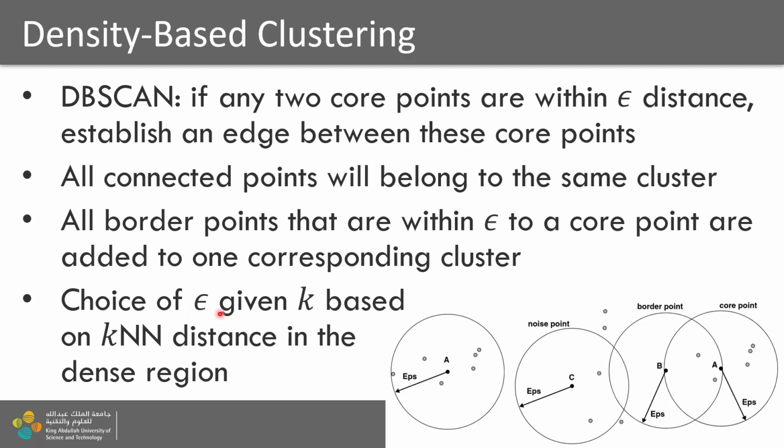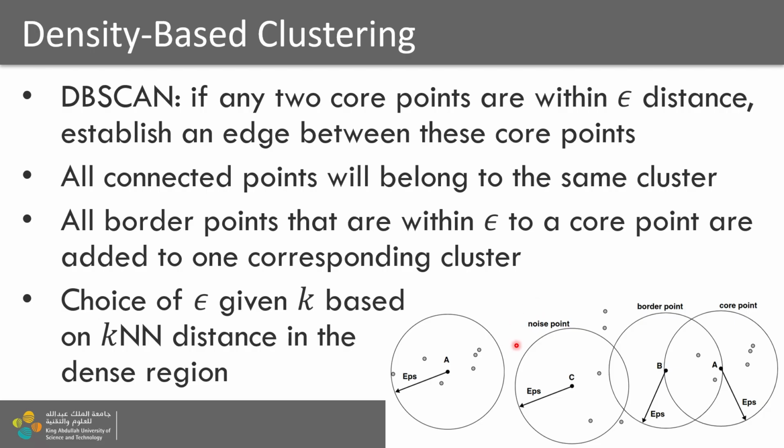So the choice of epsilon given k is based on the k nearest neighbor distance in the dense region. We can see in this illustration a border point, and also some noise point, maybe this one, which does not have other points within its radius distance.